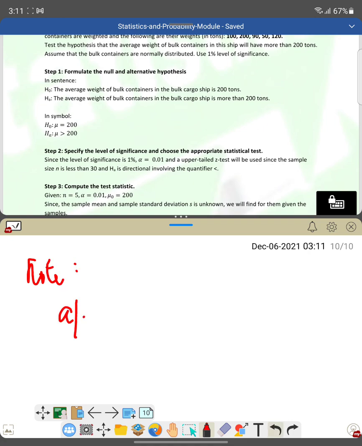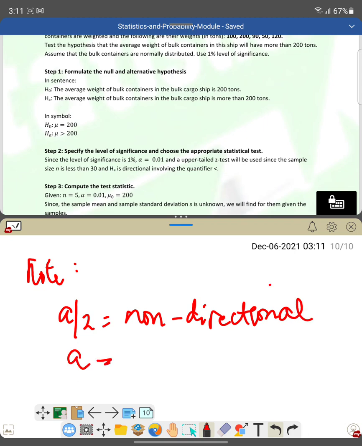We use alpha over 2 only if it is non-directional, I'm sorry. Alpha is divided by 2 only if it is non-directional. Directional means you are going to see less than, greater than, more than, decrease. Those are indications that we have a directional test.